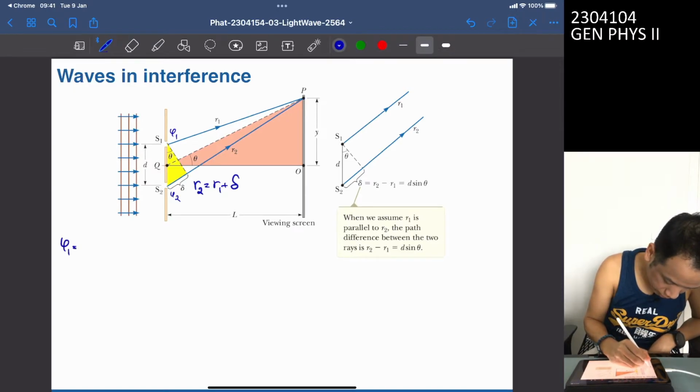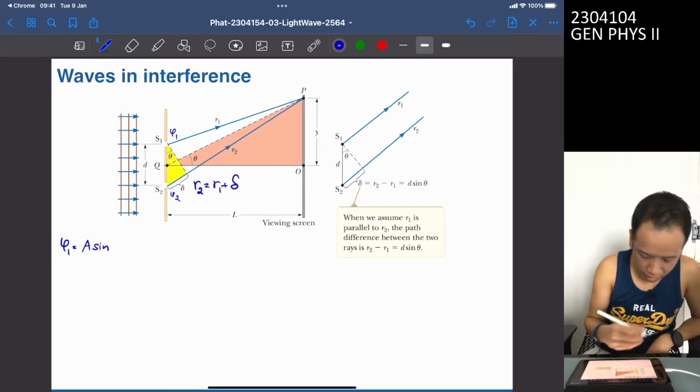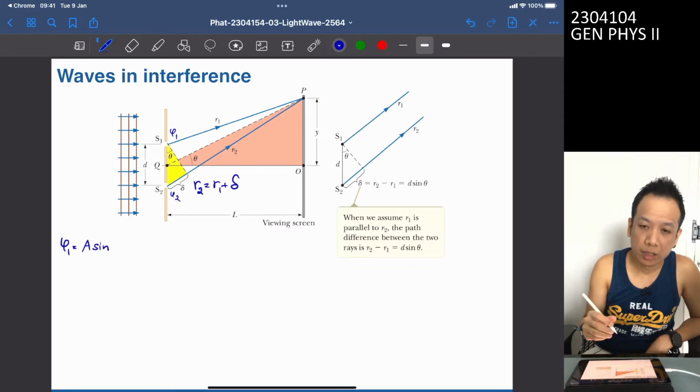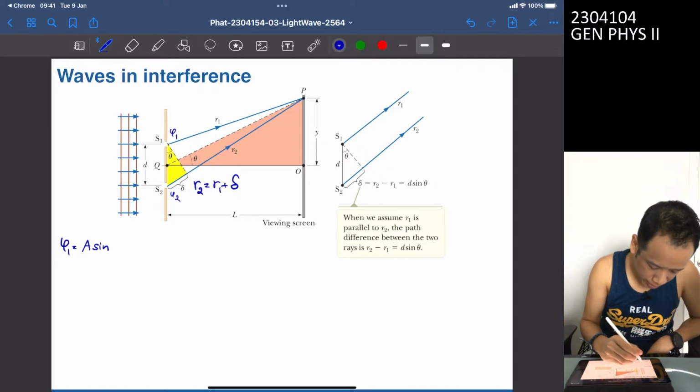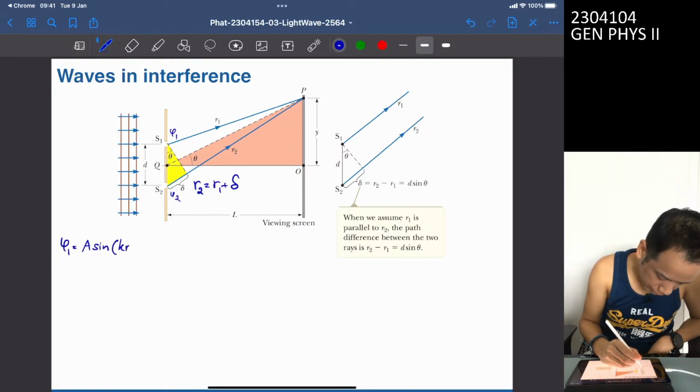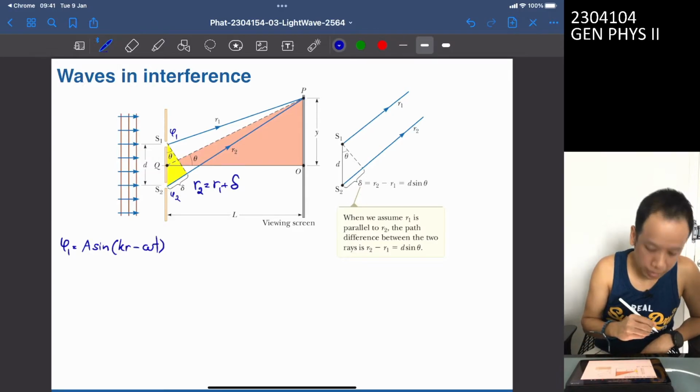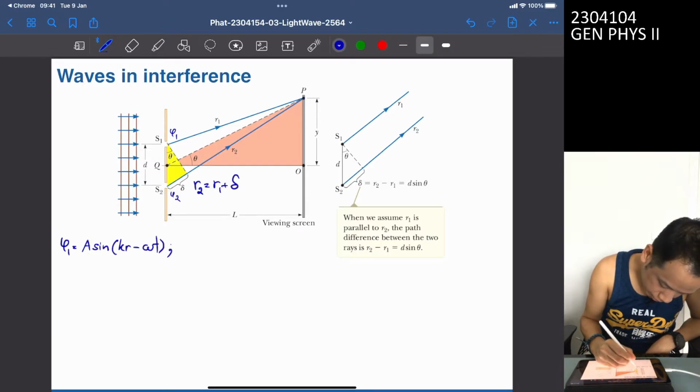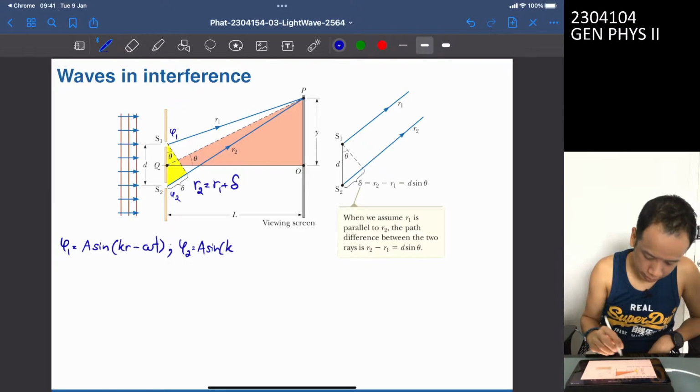So phi 1 equals psi, whatever amplitude, kx minus omega t, right? But this is traveling in the r direction, so just write the general form: kr minus omega t. And then you have phi 2, which is psi with k r2.